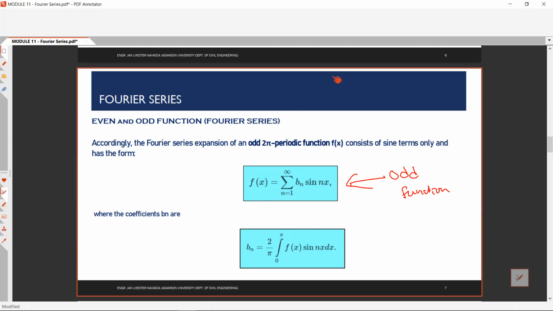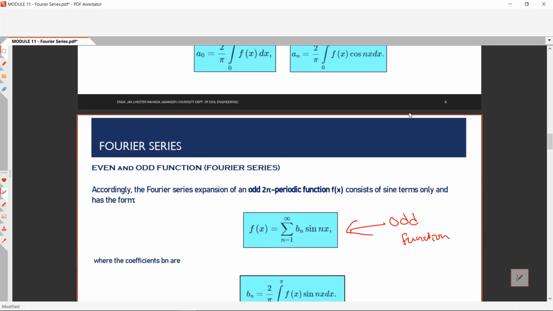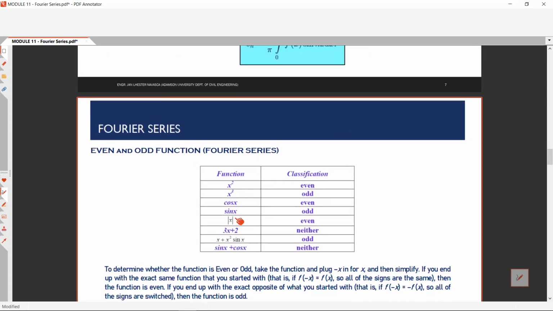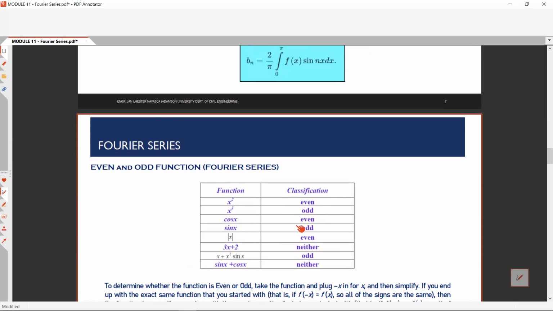Okay? So paano ba malalaman if you have your odd or your even function? So before that, this is the example of function that is odd or an even function. So let's say you have your x squared, yan yung function mo, that is an even function. X cubed, that is an odd function. Cosine x, that is an even function.